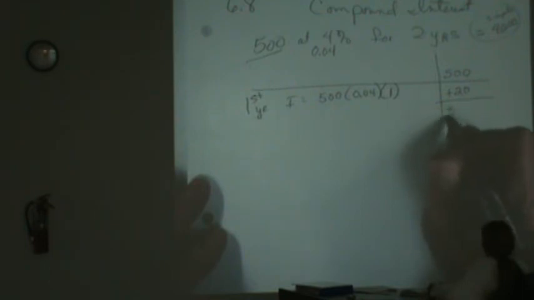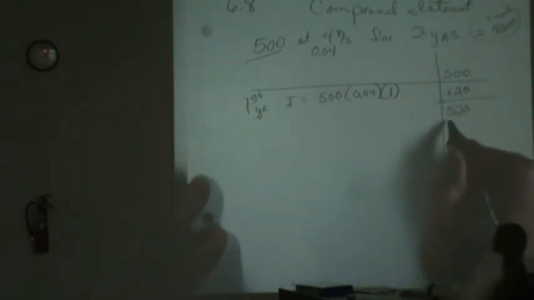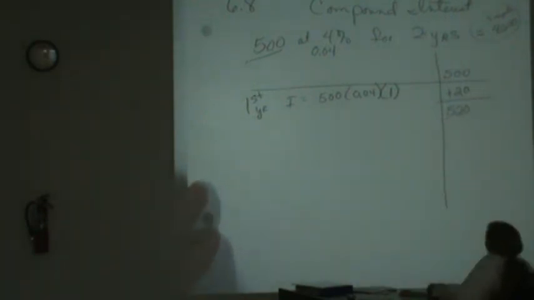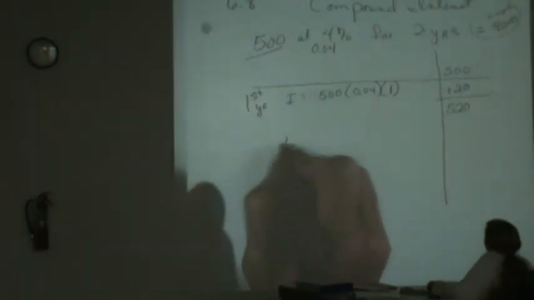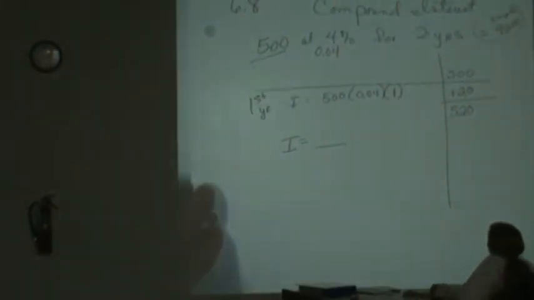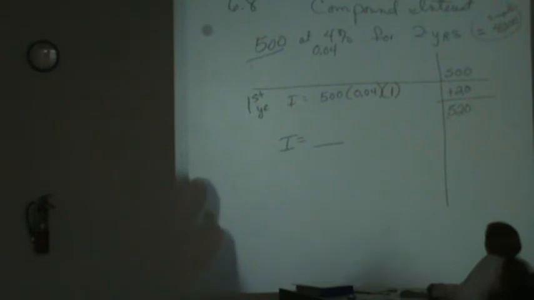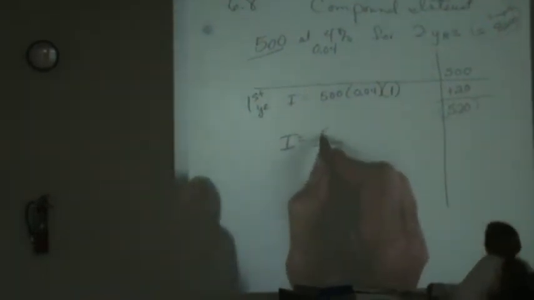Okay, so like if you put it in January and in December they gave you $20 interest, now you have $520 in the bank. What do you think you're going to get interest on this next year? Not 500, but 520, right?